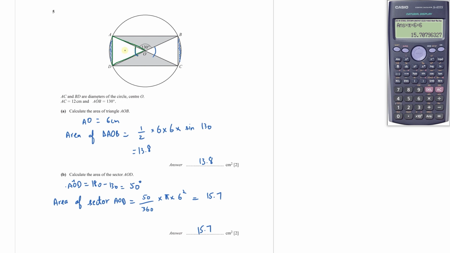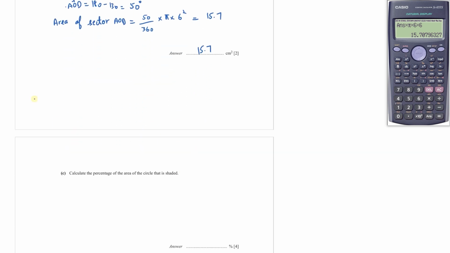This angle is 50, this length is 6, this length is 6. To calculate the area of this blue shaded segment AD, I will subtract the area of this triangle from the area of this sector AOD.